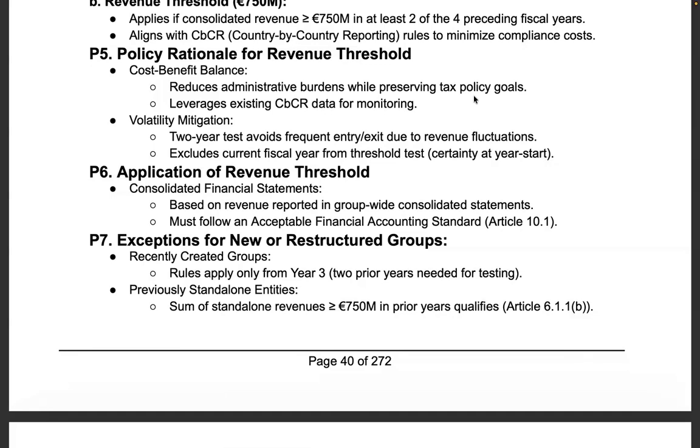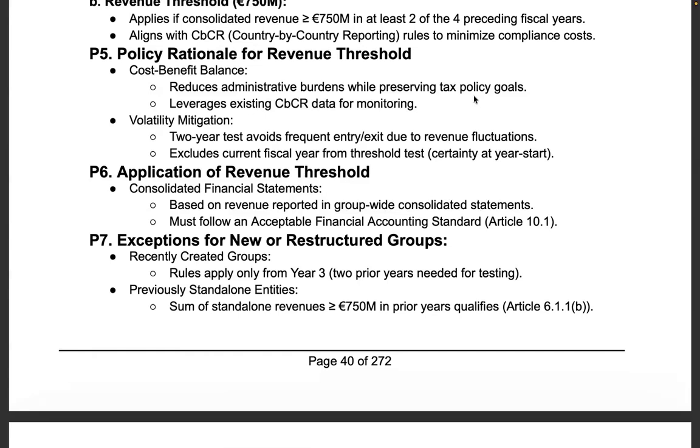If it were a relatively smaller threshold, less than 750 million euros, probably the size of the population would have been huge, immense, and it would be very difficult to monitor. It would be very difficult to apply as well. Implementation would have been a nightmare. So that's why 750 million euros probably poses a reasonable threshold.